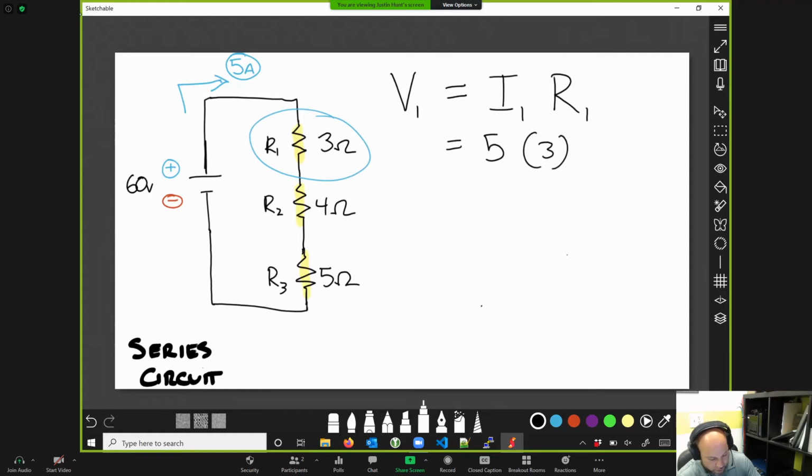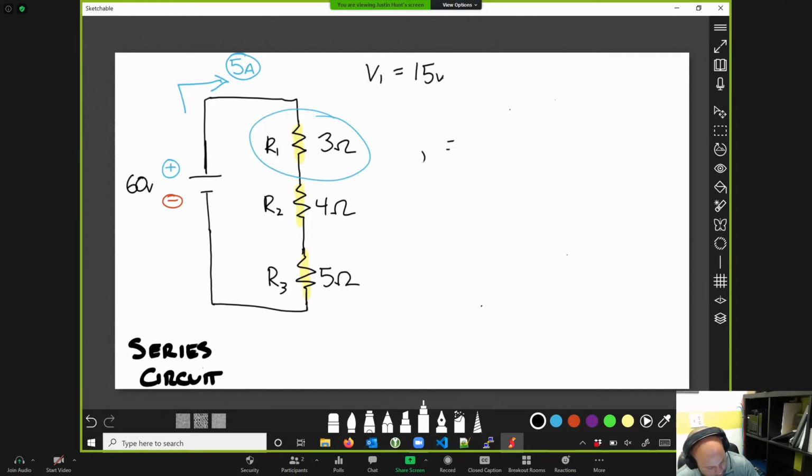I times R tells us that the voltage going through this component is 15 volts. Do you see that? 5 times 3. It's the current that we know is the same going through all of our components in series times the resistance that we've already figured out is equal to 15 volts. So let's just throw that one to the side. Say V1 is equal to 15 volts.